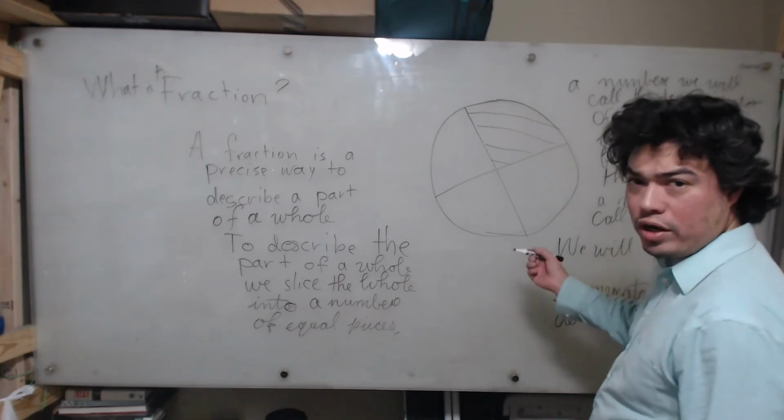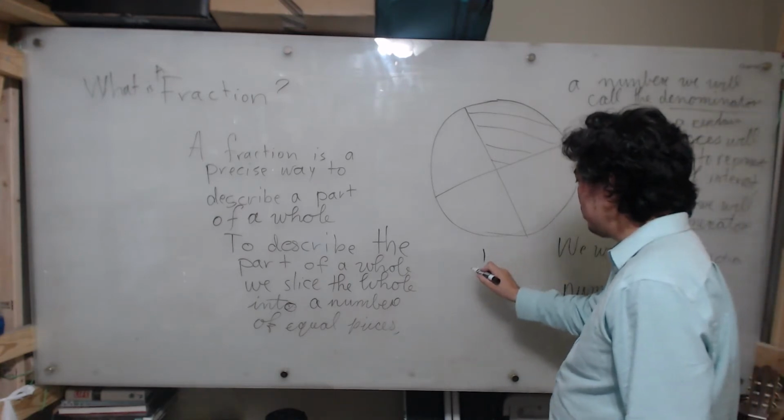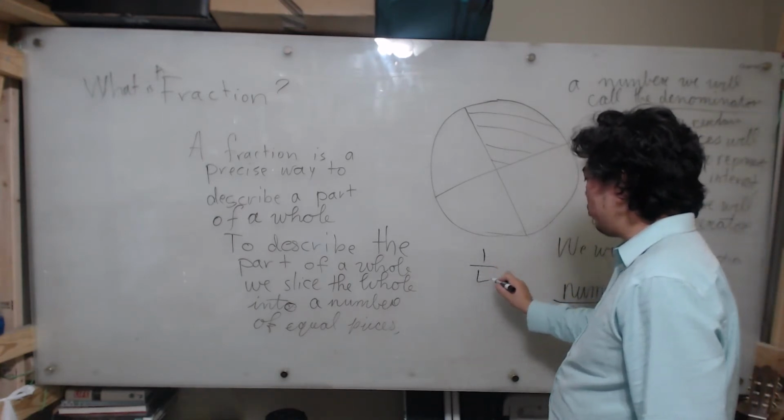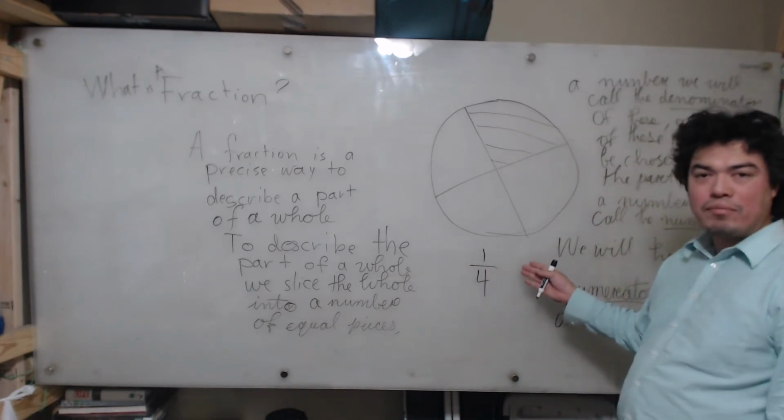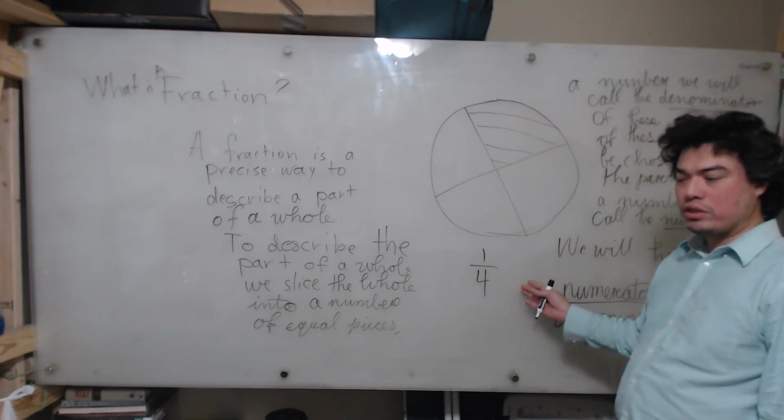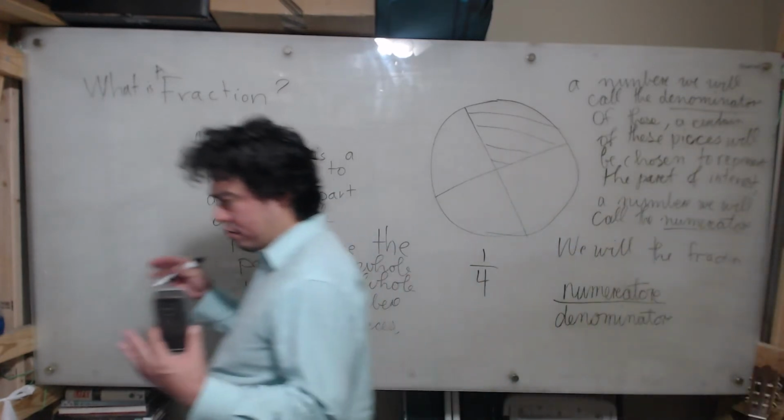And for example, in our example, of course, the numerator is 1 and the denominator will be 4. That is to say, out of my whole, I am taking 1 out of 4 equal parts. And so this is the idea of a fraction.